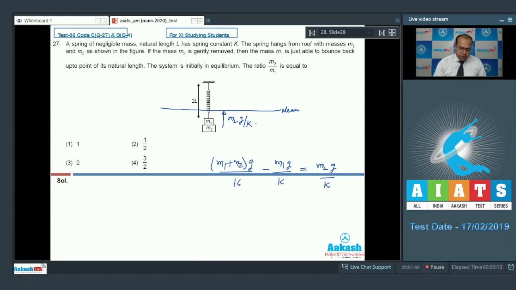So the natural position of the spring is somewhere here, and this separation is M1G by K. Since from the mean position these two amplitudes must be equal, so we can say that M1 must be equal to M2, or the ratio M2 by M1 is equal to 1. So option 1 is the correct answer. Let's move to question number 28.